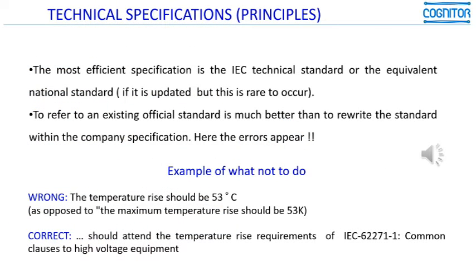The most efficient specification is the IEC technical standard, or the equivalent national standard. For this last case, this is good when the national standard is updated, but this is very rare to occur, because countries take so much time, some 2, 3, 4 years, to convert that IEC standard written in English to their national language.